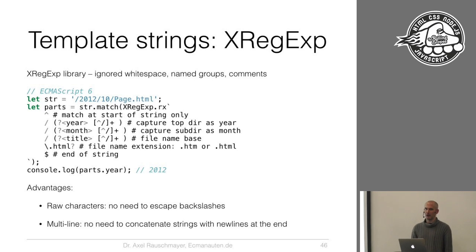So it's almost or basically as fast as built-in regular expressions. And so there are two advantages that template strings bring to this kind of custom regular expression that this library adds to ECMAScript 6, and that is the backslash.